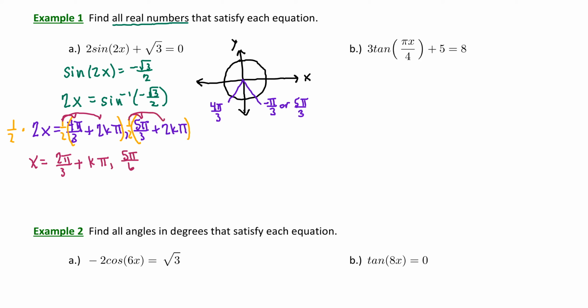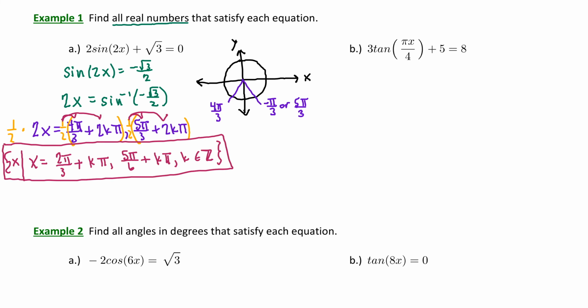Again, I'm distributing, and 1/2 times 2k pi gives us k pi. Thus, our formal solution is the set of all x such that x equals these two solutions, and it's an appropriate time to go ahead and specify that k is an element of the integers.